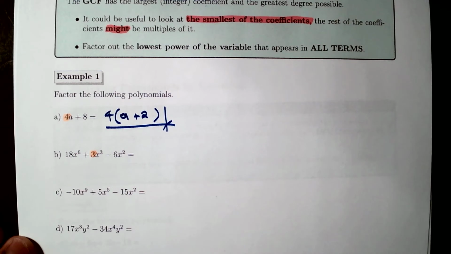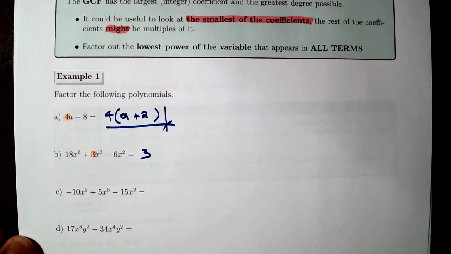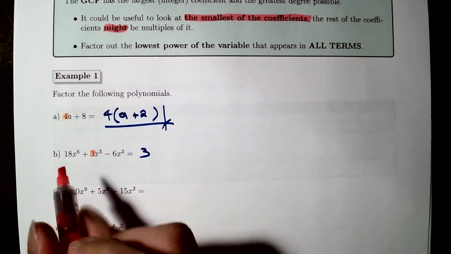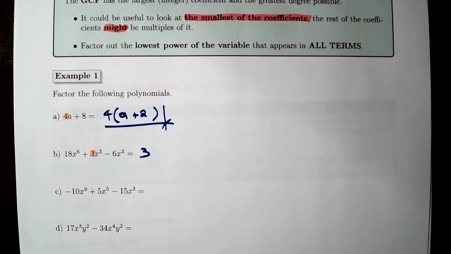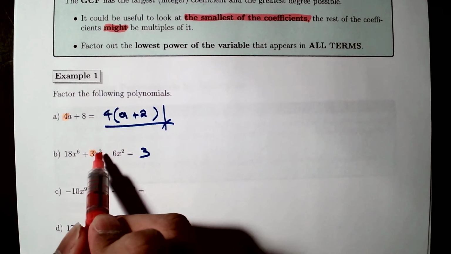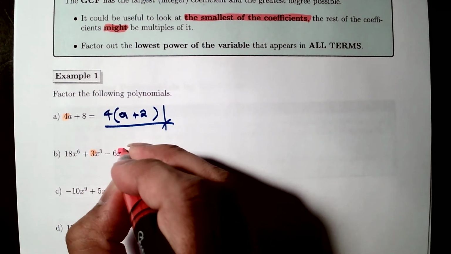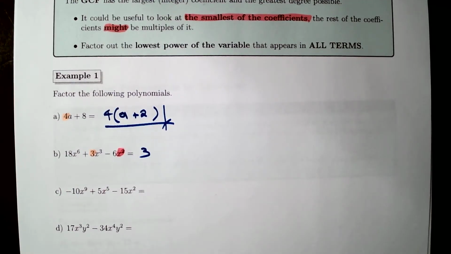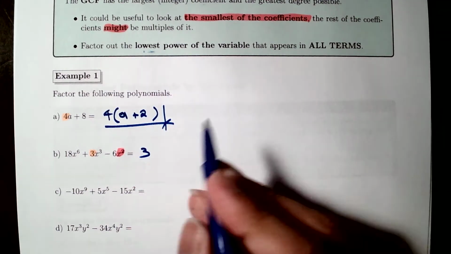In this case, yes. So the number 3 will be part of the GCF. Now let's observe the powers of x. Notice all terms have a variable factor. We have x to the 6th, x cubed, and x to the 2nd power. The x to the 2nd power is the lowest power of the variable that appears in all terms.